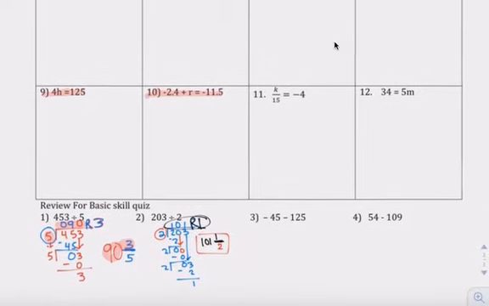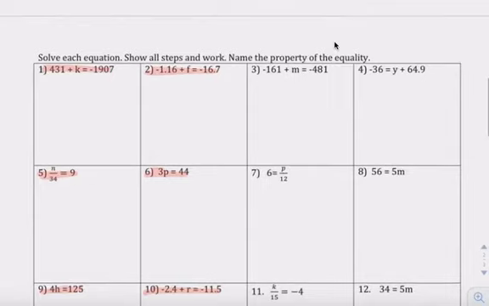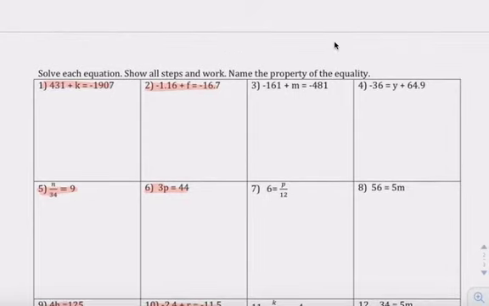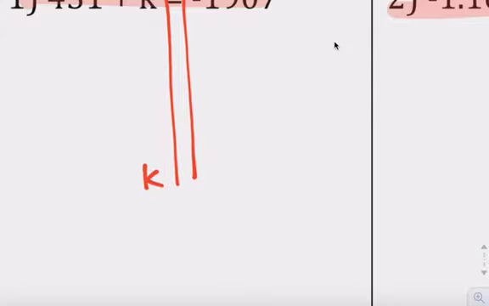That's the division problems. There are 2 more, but I'm going to go over solving equations so you know how to do this. Number 1, we want K by itself. We want the letter K, so this needs to be gone. In order for that to be gone, you have to subtract 431.